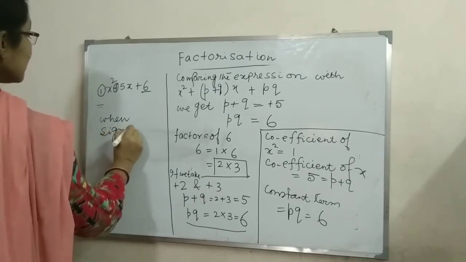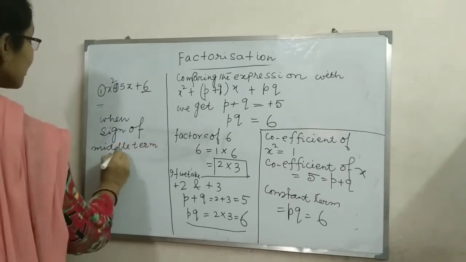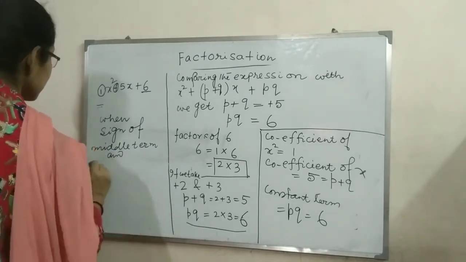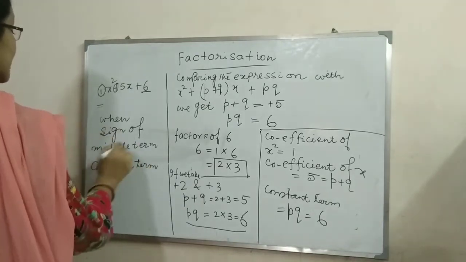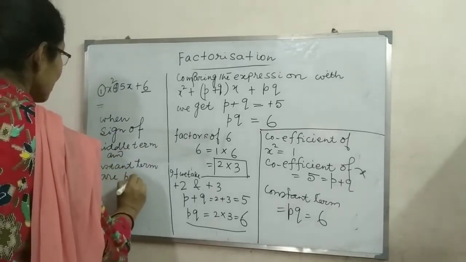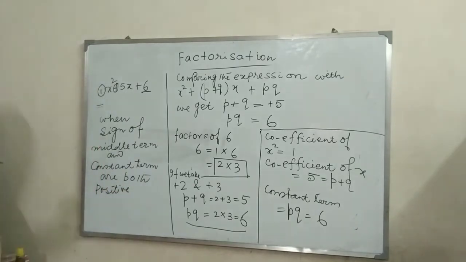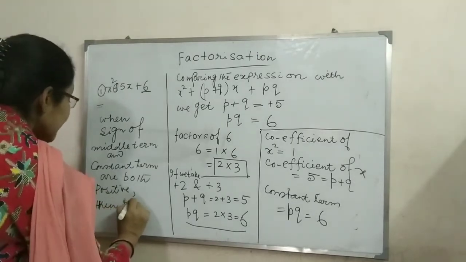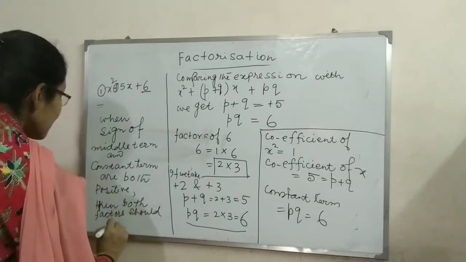The most important point is, when the sign of the middle term and the constant term are both positive, then both factors should be positive.